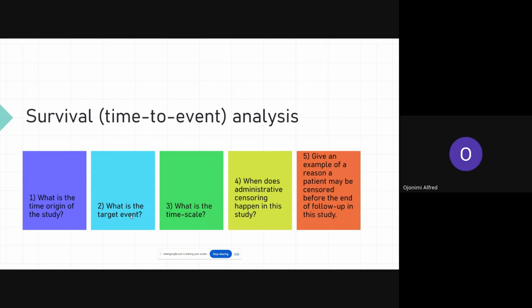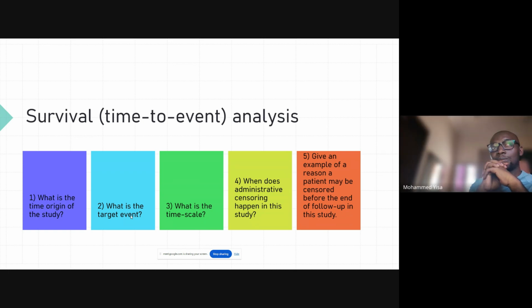It's fine if you don't know the answer, just nominate another person. No, maybe I should attempt. Censoring will probably be when you're unable to follow up someone. Yes, in the cohort, in particular, administrative censoring.